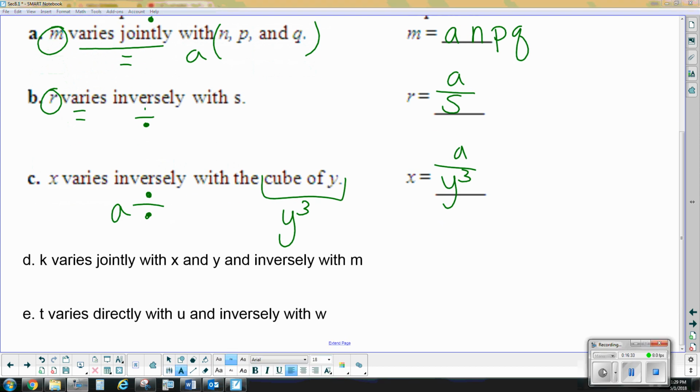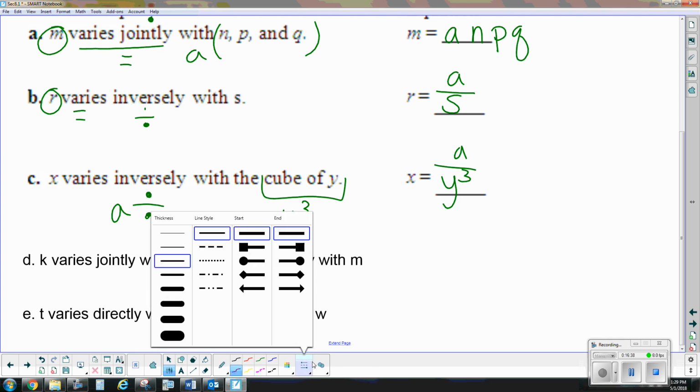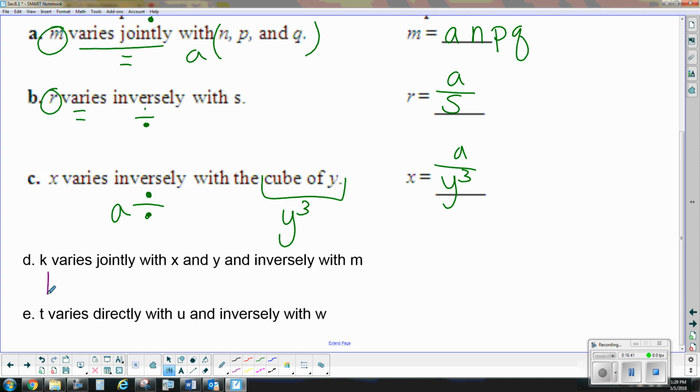Right, and then the last couple. k varies. So we'll have k equals jointly, which means a times x and y, and inversely, which means division, with m. So when we write our model, we have k equals a x, y divided by m.